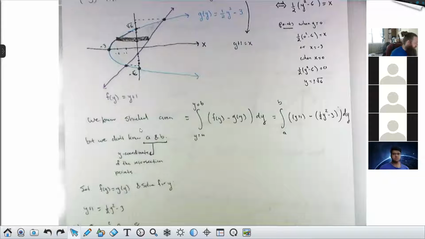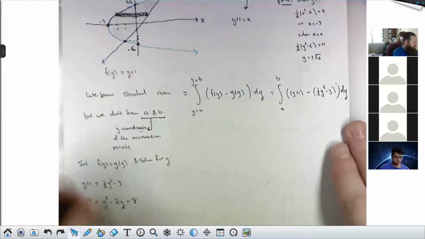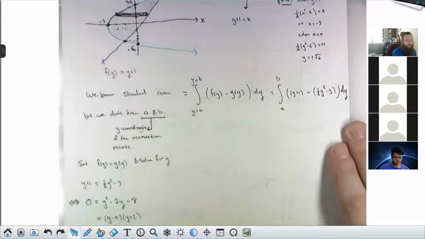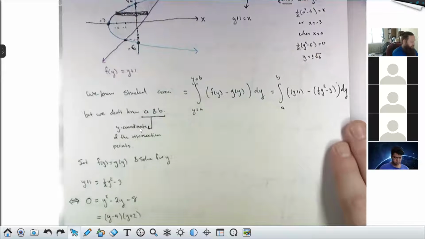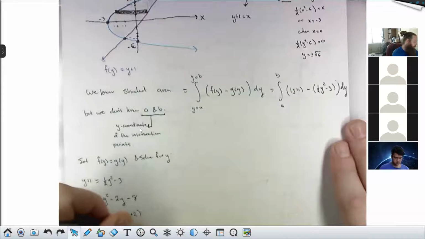And then let's see whose factors. Can we come up with two numbers whose product is -8 and whose sum is -2? -4, +2. All right. So y equals -2 and y equals +4.